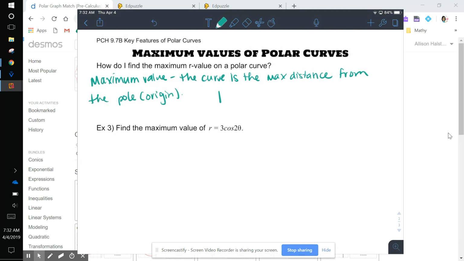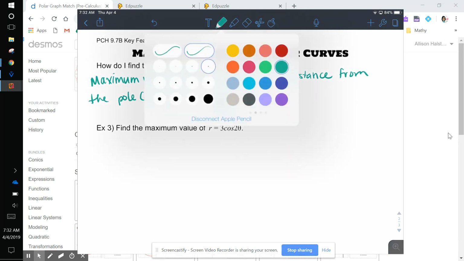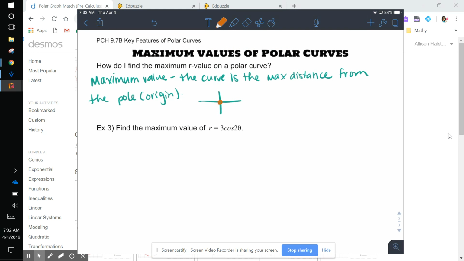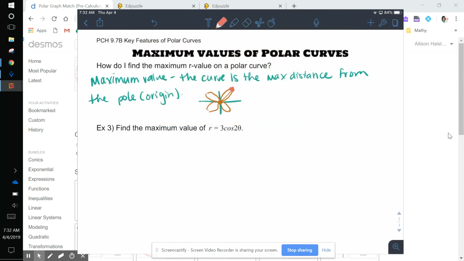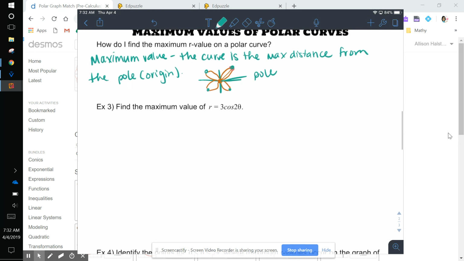On a polar curve, the pole is right here, the 0. So if I have, say, a rose, we're going to have max distances at the ends of the curve, the maximum distance away from the pole. That's the pole. All right, so we have to do a little evaluation here.